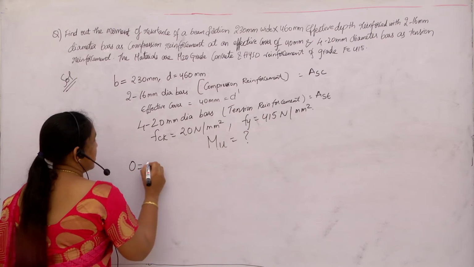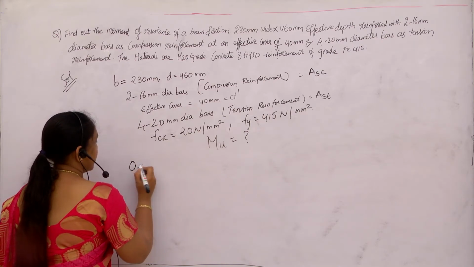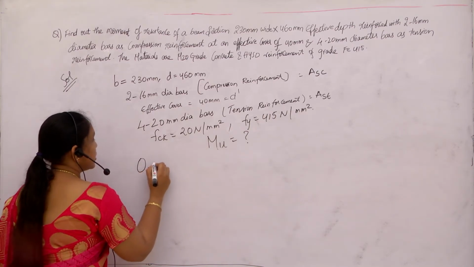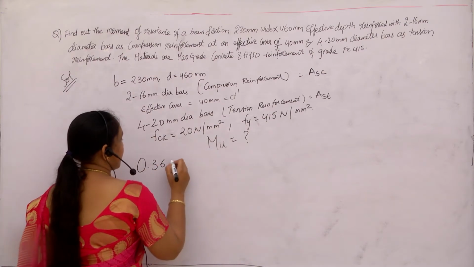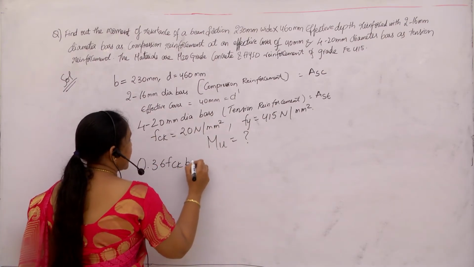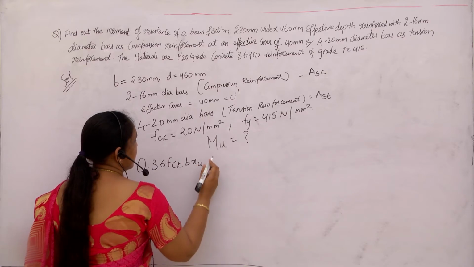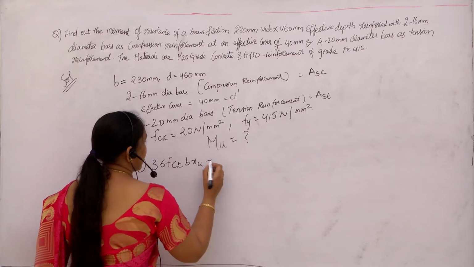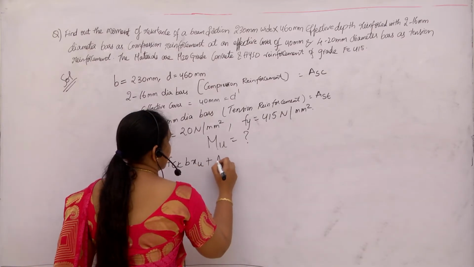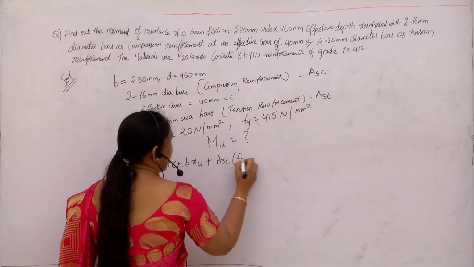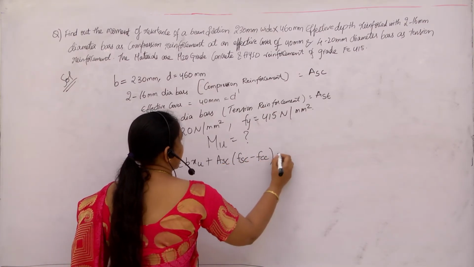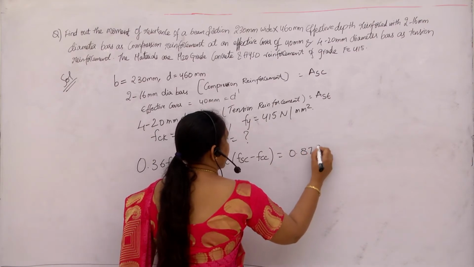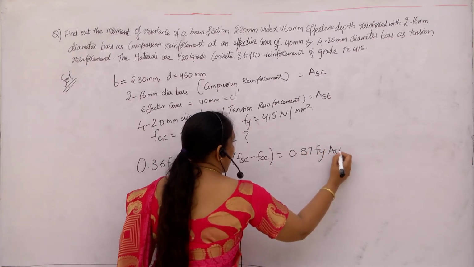So now substitute the values. 0.36 fck b into xu, plus Asc into fsc minus fcc, is equal to 0.87 fy into Ast.